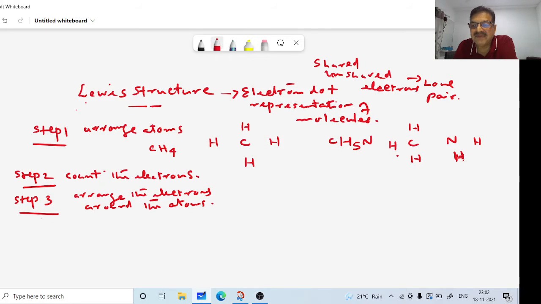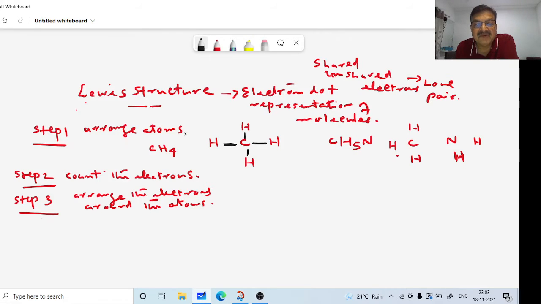I will repeat for your convenience now. You have to place a bond between every 2 atoms. Say here methane. I am just going to put the bond here, one bond here, one bond here, one bond here. So I am placing a bond between every 2 atoms. Now here, what happens?